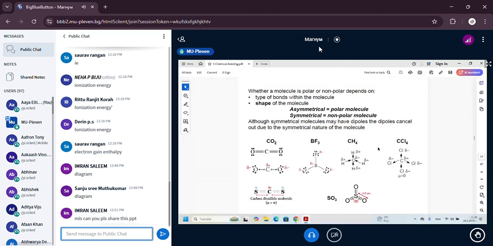Non-polar is the molecule of methane, with hydrogen atoms symmetrically distributed around the carbon atom. The bonds are polar, but the molecule is non-polar. Non-polar is the molecule of carbon tetrachloride also.